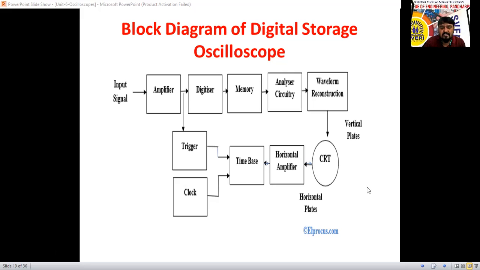So the memory circuit is going to store the value, and the analyzer is going to analyze the input signal, whatever has been converted into digital.